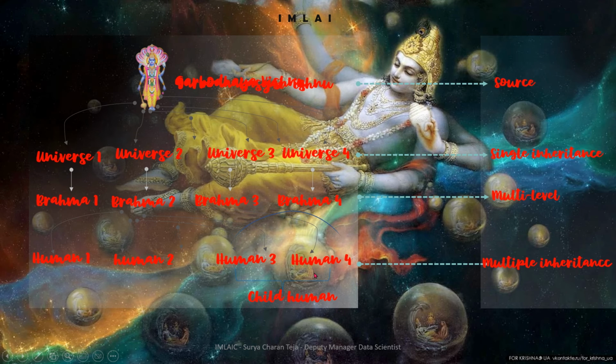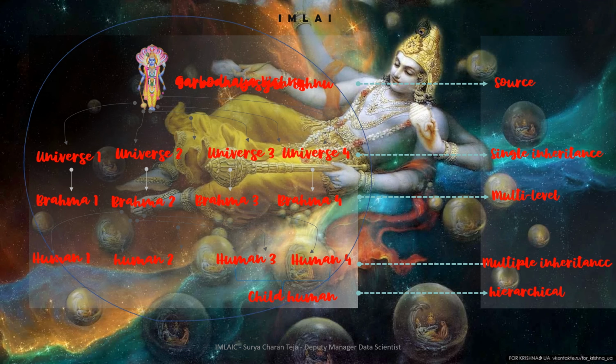The child will inherit from both. That's why it is called multiple inheritance. Then if you put everything together, what we get is hierarchical inheritance.